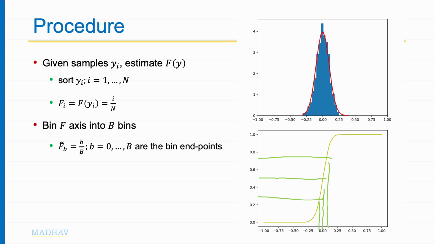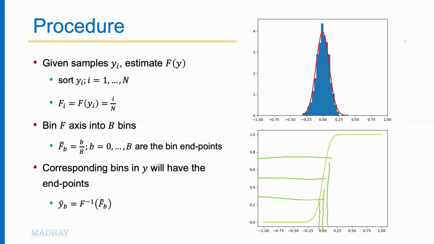Now you bin your F-axis, the y-axis, into capital B bins. You can choose whatever capital B you want. We took 20. From here you get the endpoints of your bins. One endpoint is 0, one is 1, and in between there are 19 more endpoints. And then project them back to get your y tilde b, which are the endpoints of your intervals.